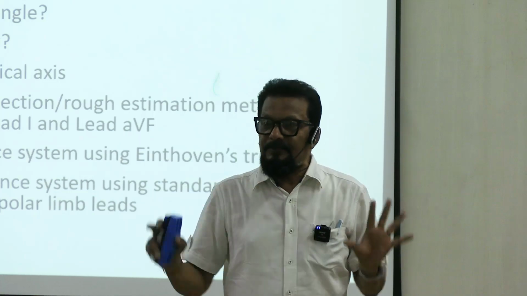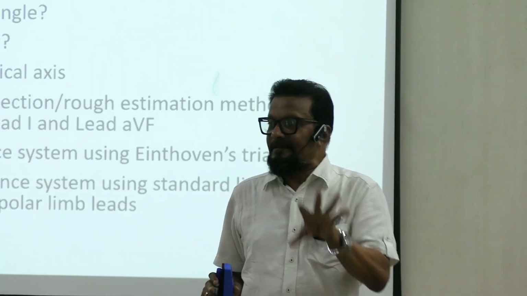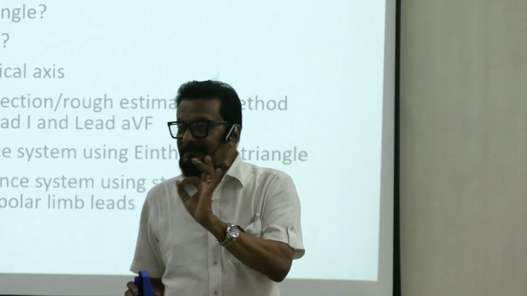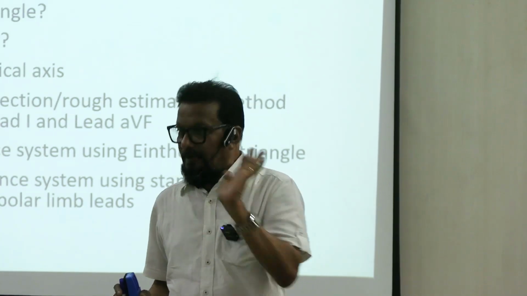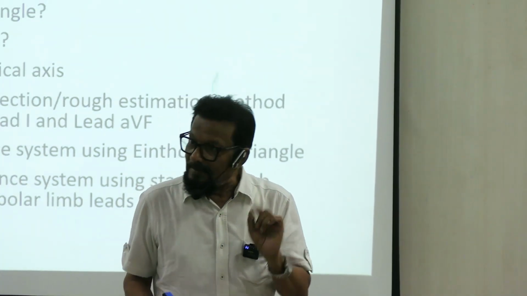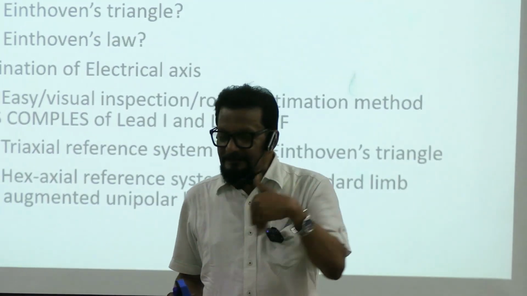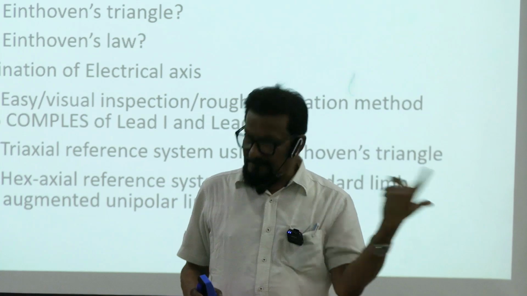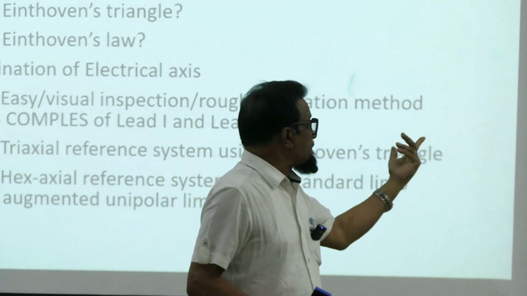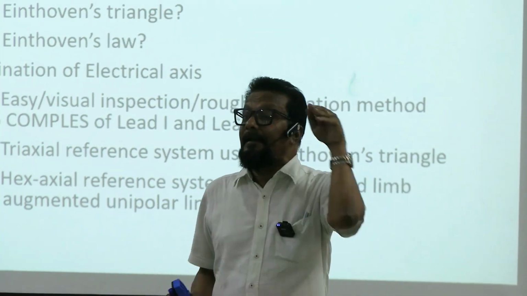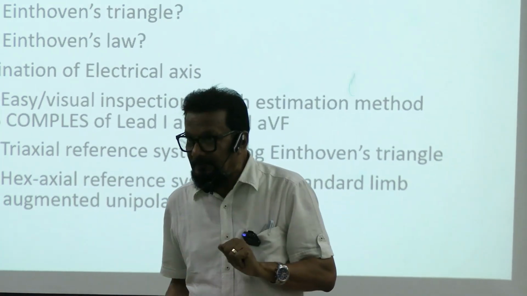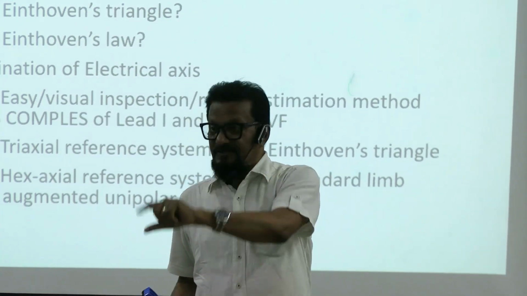When the whole atrium is covered, the whole atrium is depolarized, but the ventricle is yet to be depolarized. Now what will happen? We know there is some junctional tissue. The atrial impulse, this cardiac impulse, this flow of current will enter into the ventricle through the AV junction.